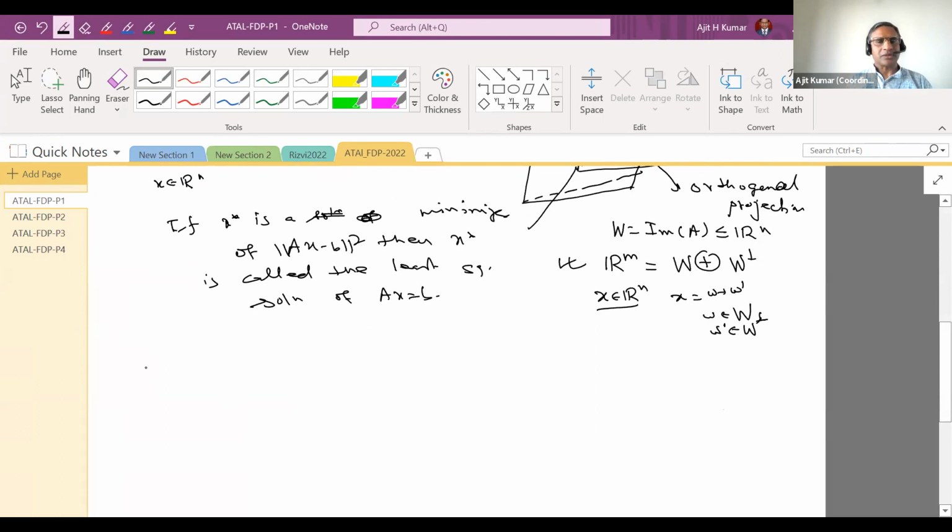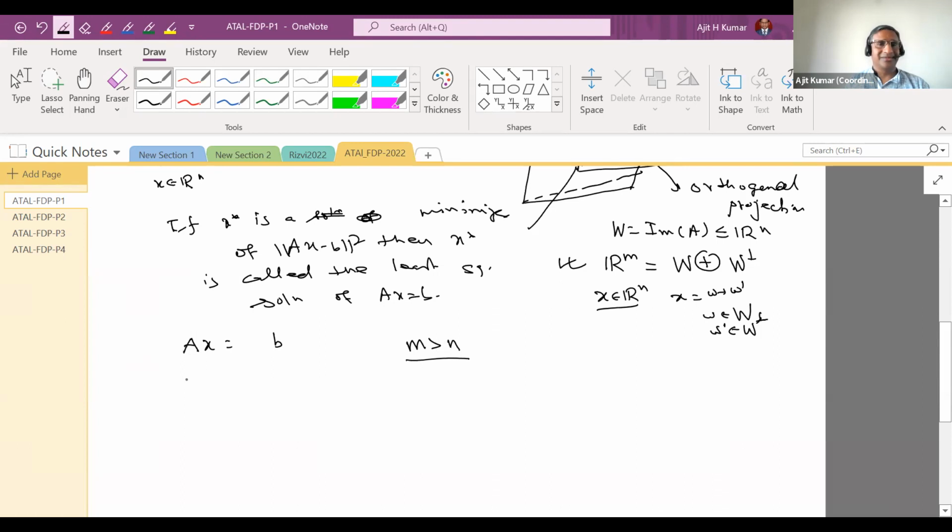Now let us see, this is what we want to solve. Let us assume that M is bigger than N, so I have more equations than variables, and it may not have a solution.